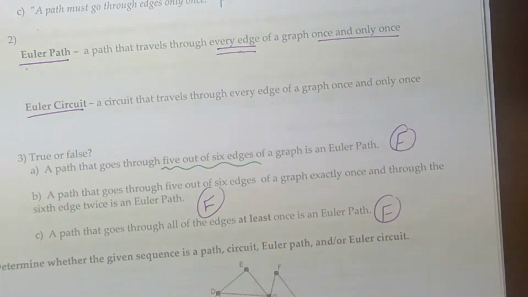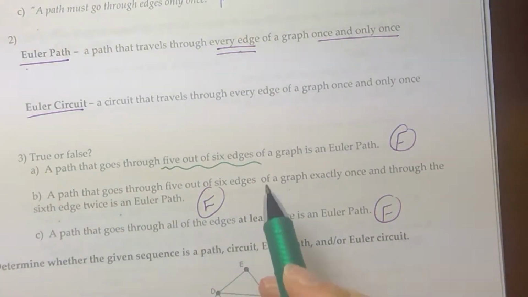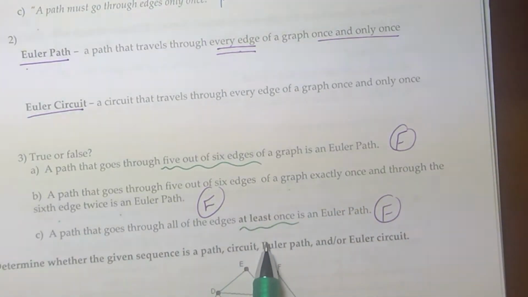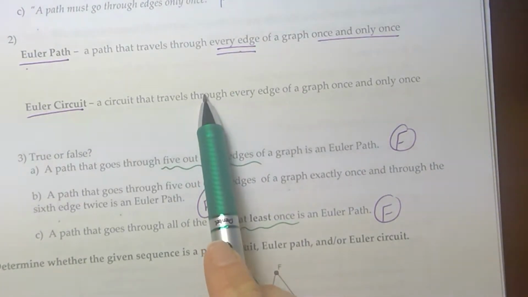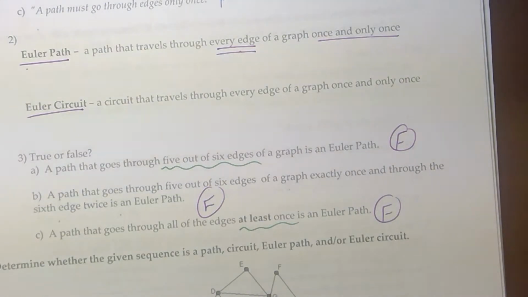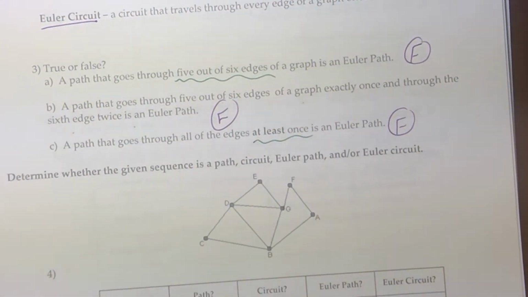So 5 out of 6 edges is not good enough. 5 out of 6 edges once and through the 6th edge twice is not good enough. At least once is not the same thing as exactly once. At least once means it could have traveled an edge 2 or 3 or even more times. So the importance is every edge exactly one time for an Euler path.